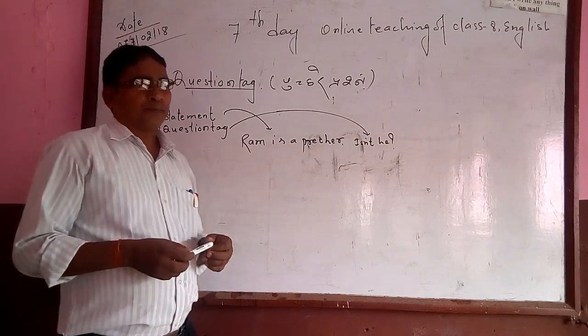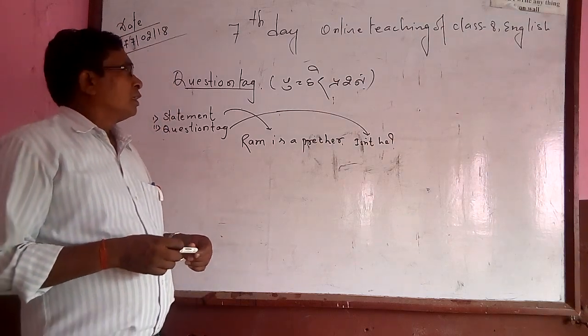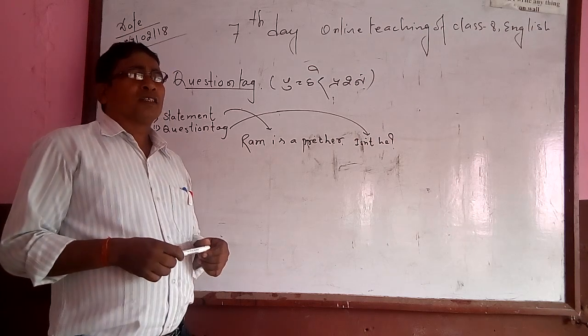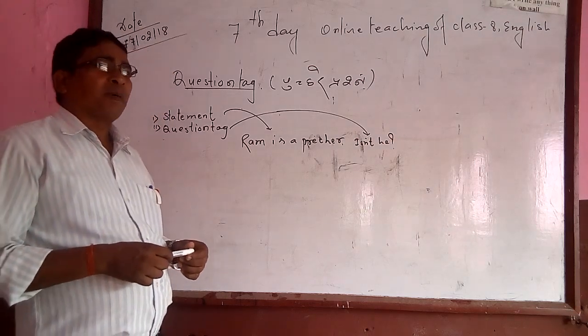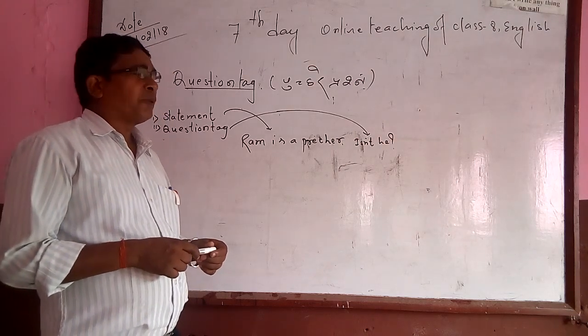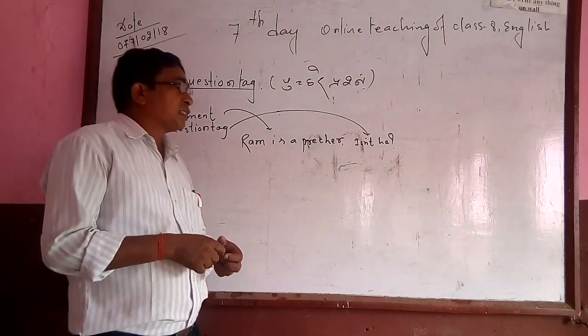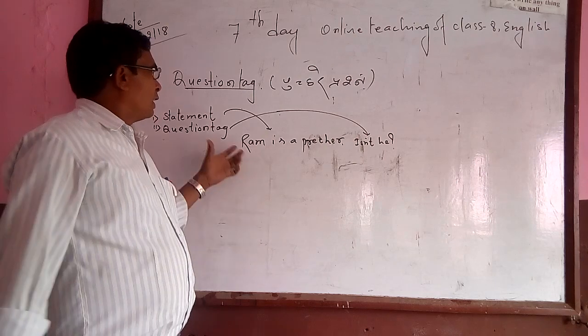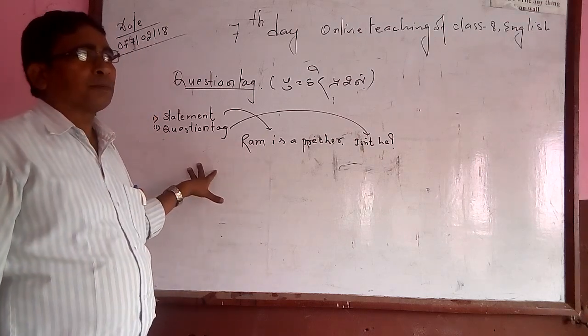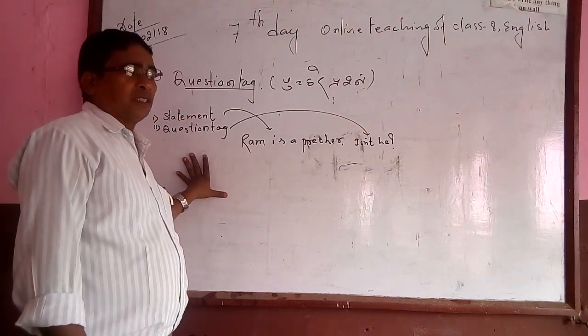There are two reasons. Generally, a question tag always comes at the last part of the sentence, the last part of the statement. This may be the reason that it is called question tag. Secondly, as I have written here, it has two parts, a statement and a question tag.